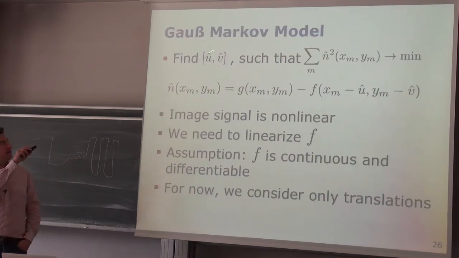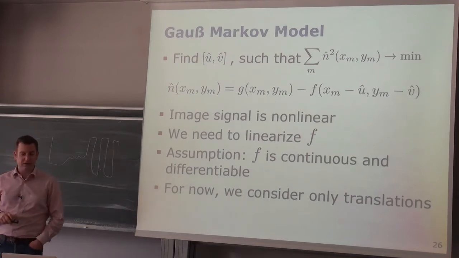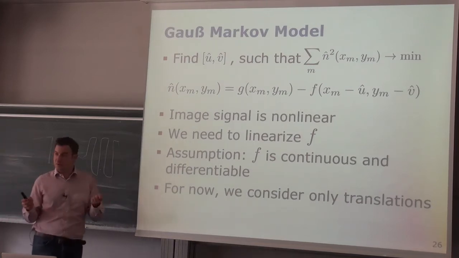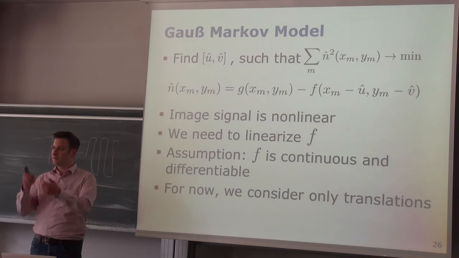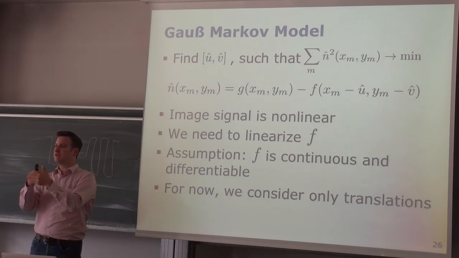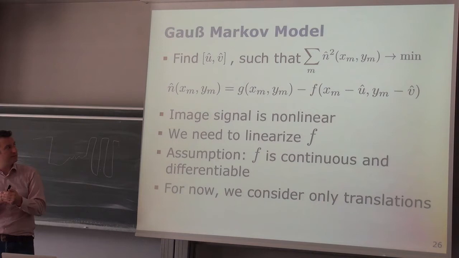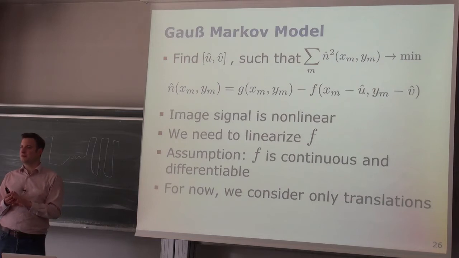So we want to find the shift so that the sum of the squared noise values, the differences between my observation and my image, gets minimized. I want to minimize the mismatch between my observations and my shifted model. I want to find the shift which minimizes that. Okay? So the problem that I want to solve is clear.